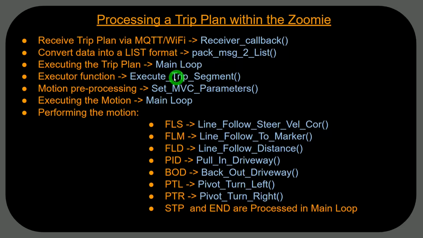All that does is take the next segment of the trip plan and then tell the system to run it. So that performs that step, and then we go into the motion pre-processing.